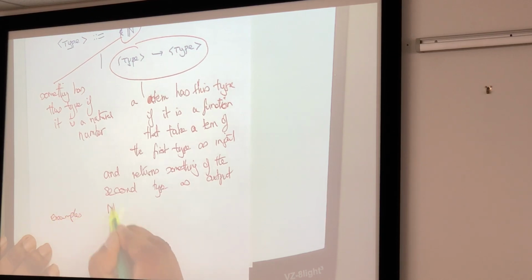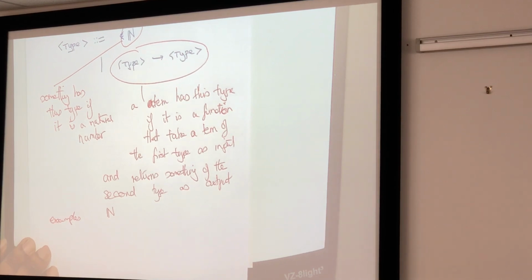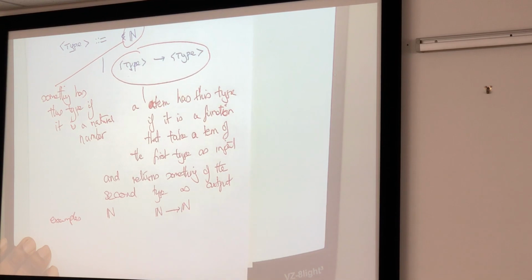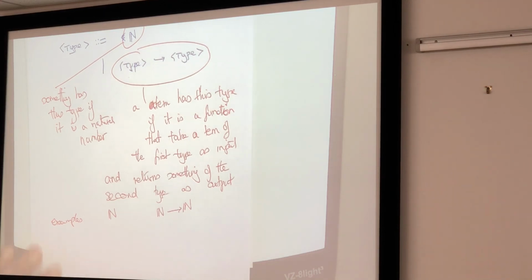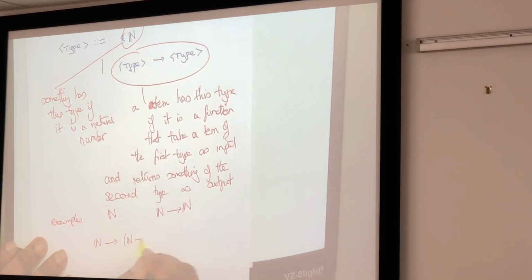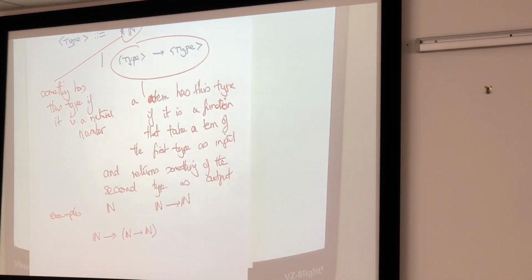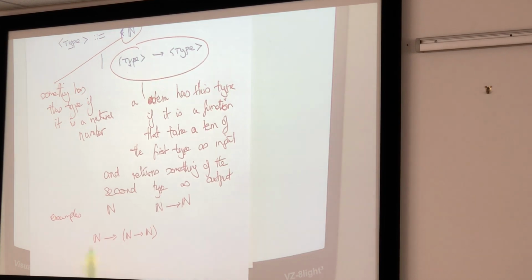So here are some example types. Well, you know that N is a type because that's the first line. Here's another type: things with this type are functions that take a number as input and return a number. But you could also have this type, which would take a number as input and then return a function as output.